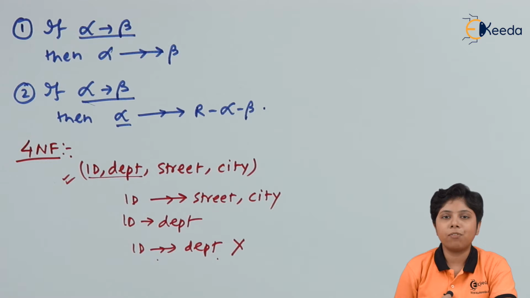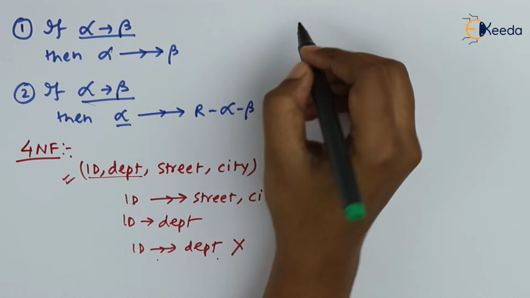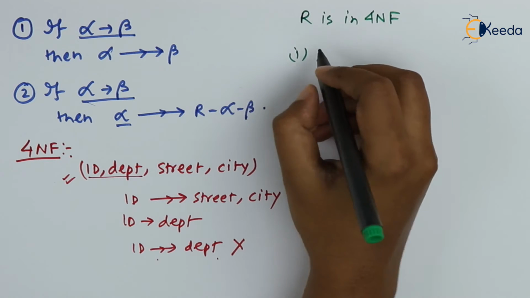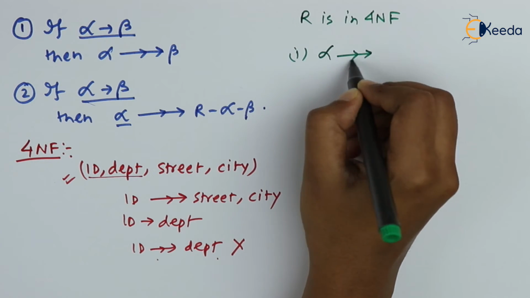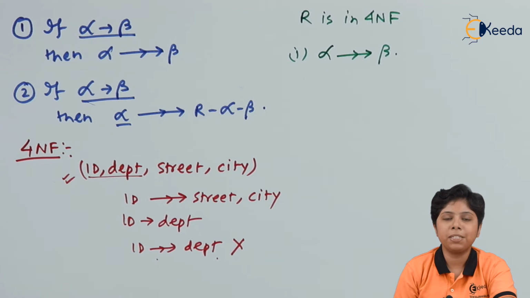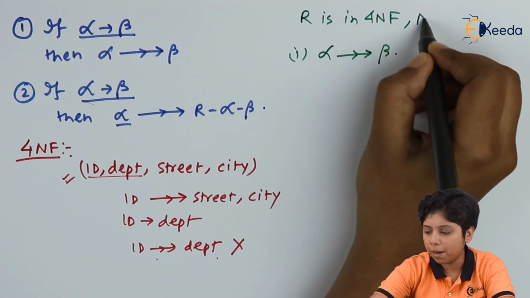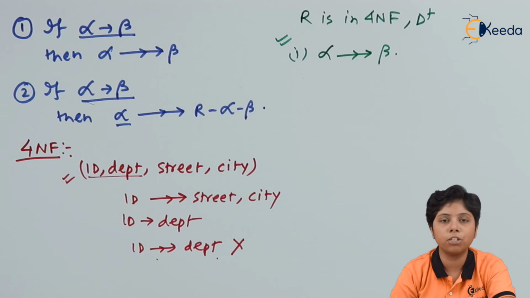So we can say that a relational schema is in 4NF if and only if there is a multivalued dependency alpha to beta. Now the alpha, beta and all are the parts of R. Now we need to find the closure D plus, and in D plus we should find the 1, 2 and 3.